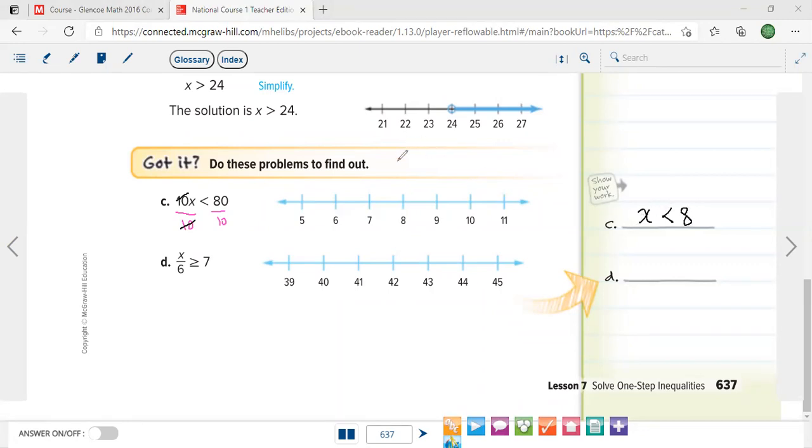X smaller than 8, we make an open circle, going to the left, smaller than, going to the left. And we will shade all the part to the left of it.